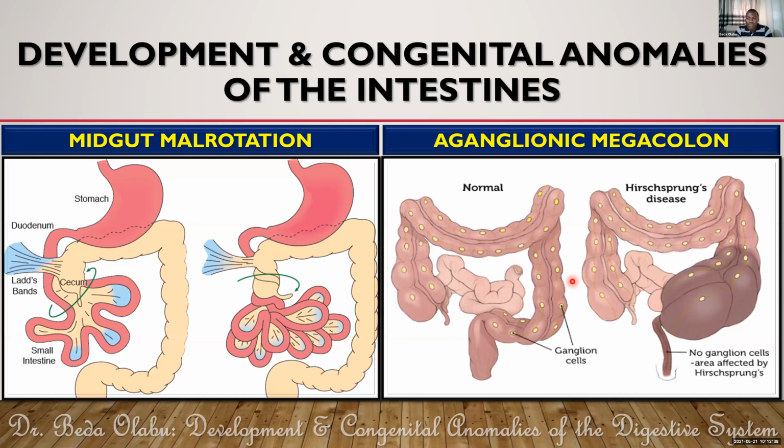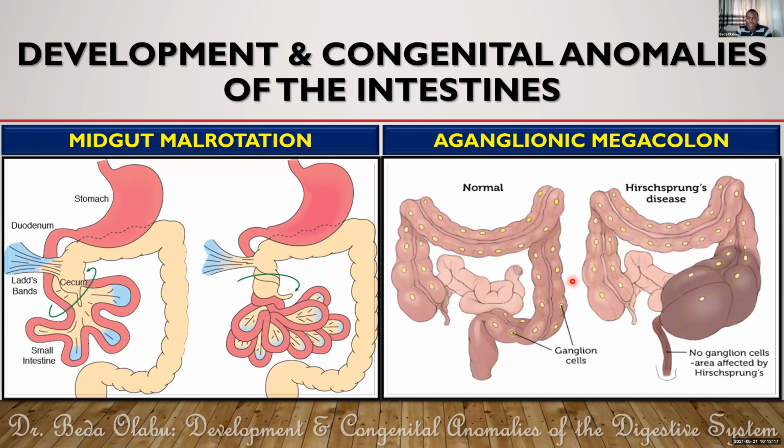The segment of the gut just proximal to the part that does not have nerves will accumulate the food. And so with time, that segment will balloon out. Remember, it's a colon, so that's why we call it megacolon. Why do we call it aganglionic? Aganglionic here refers to the fact that the affected segment does not have the nerve cells, cell bodies of neurons, ganglion.